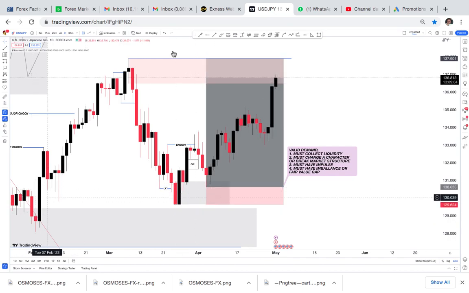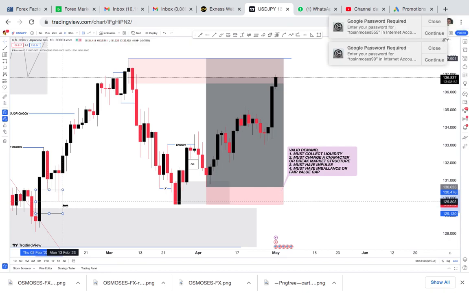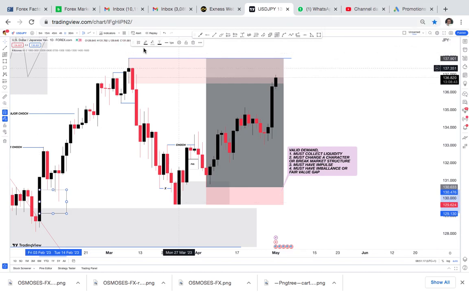I also have a fair value gap here, but it was filled. Let's say from this zone to this zone. If you don't know how to look for a fair value gap, I'll do another video on that so that you can have a view of what a fair value gap is.